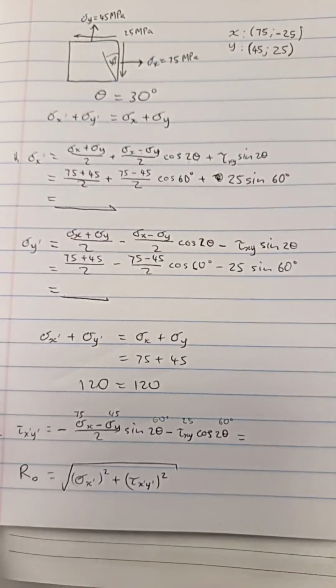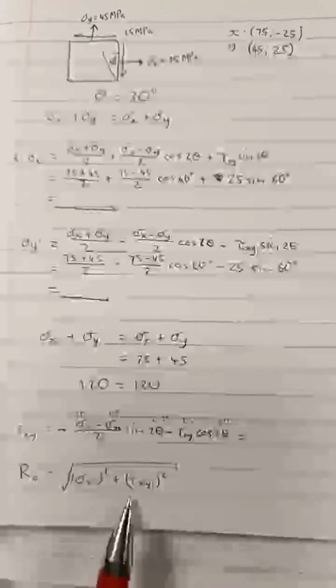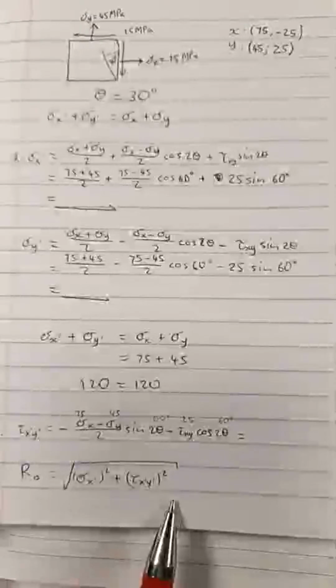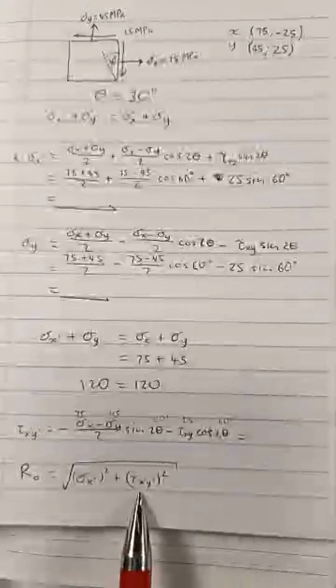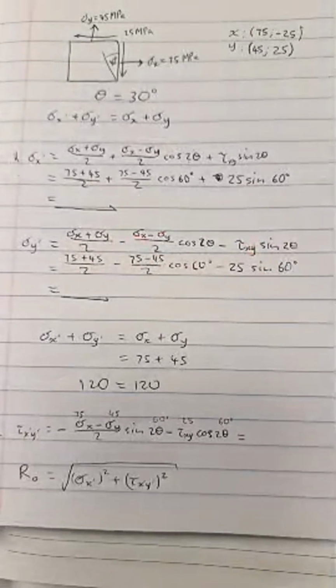I know it's not in the formula sheet, I just checked for it. I didn't see it here. Since it's not here, you're going to use this to calculate the resultant stresses. So this is the formula we're going to use. You can also write it down. So this answer obviously is that one, that answer. That's it. That's what you do when you are calculating for the resultant stress.